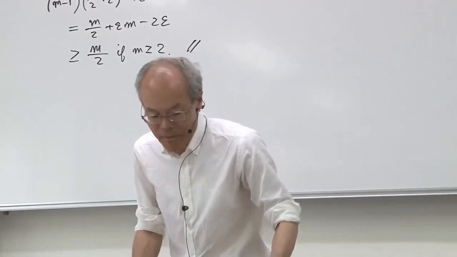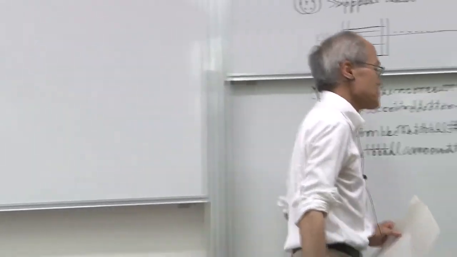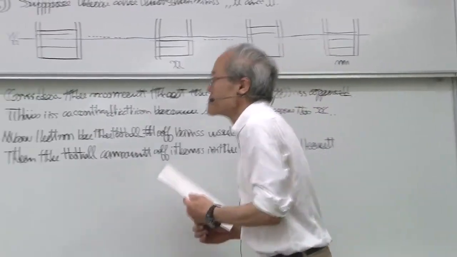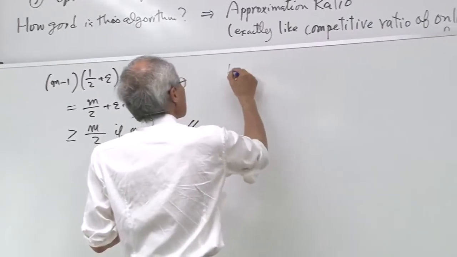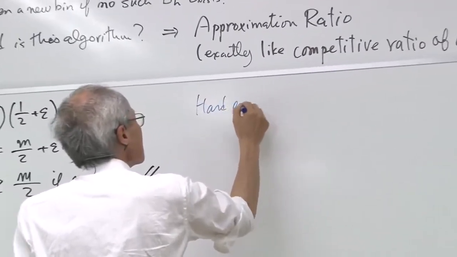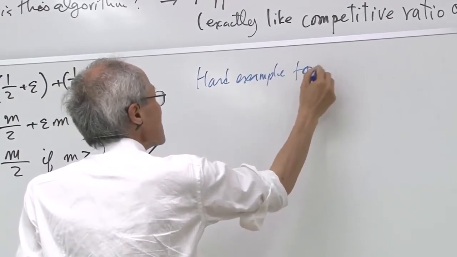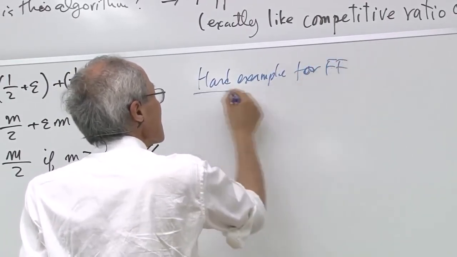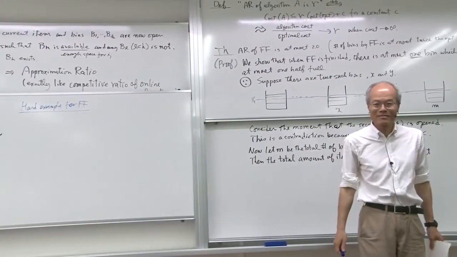I'll show you a bad example. This is a kind of mean example, the exact adversary of this one-line algorithm.